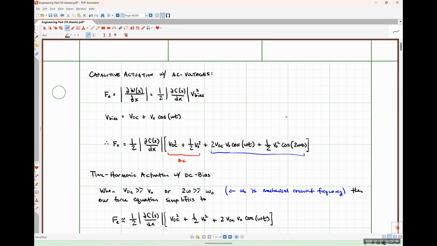The force that we are generating with a capacitive actuator has some DC term and some AC term. If we have some DC biasing voltage applied, then obviously the DC force that's generated by our system is going to be significantly larger.